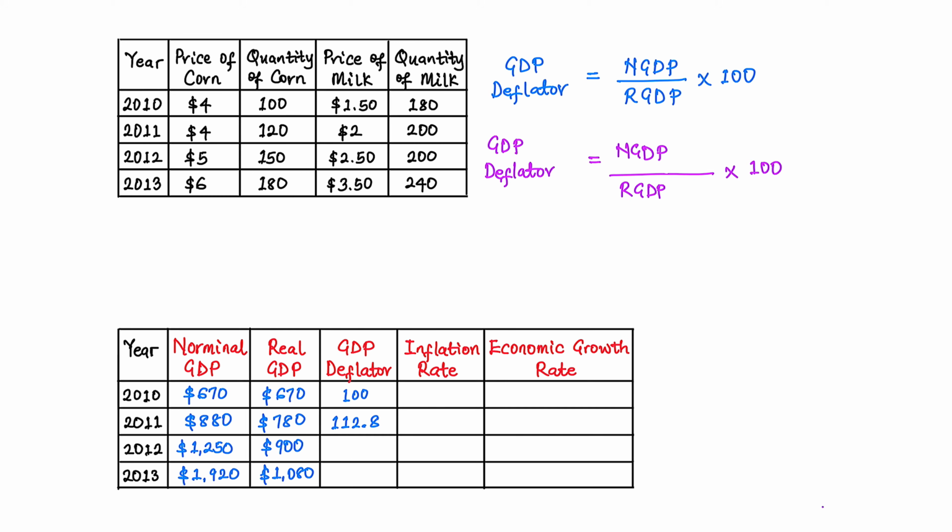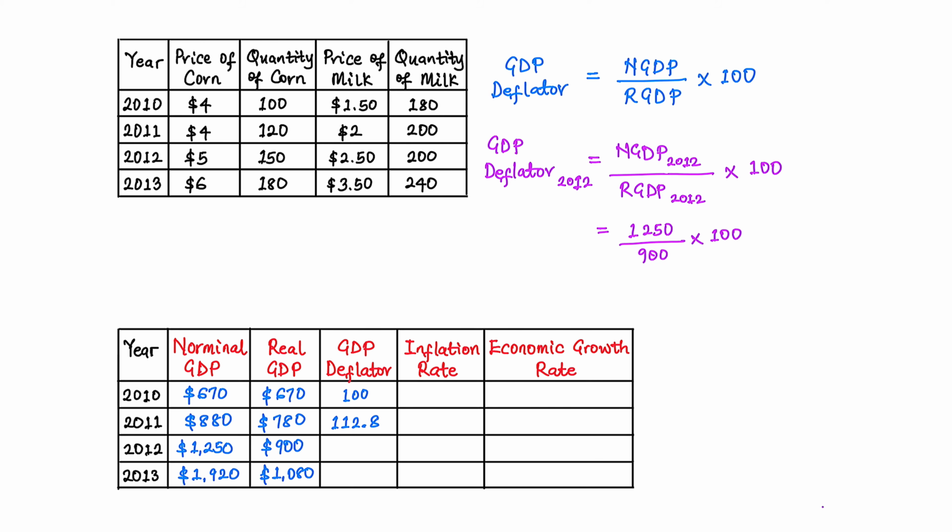So the GDP deflator in 2011 is 112.8. Next, we are calculating the GDP deflator of 2012. So that means we say the nominal GDP of 2012 divided by the real GDP of 2012 times 100. So we have the nominal GDP of 2012 is 1,250 divided by the real GDP of 2012, that's 900 times 100.